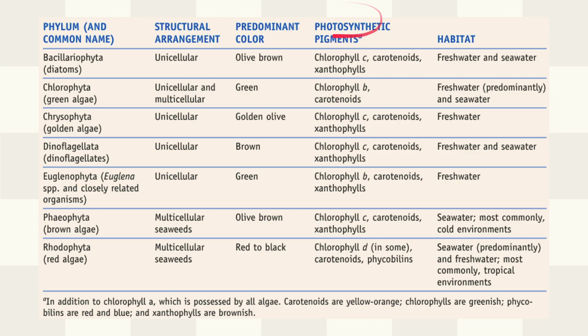Also, they are characterized by their photosynthetic pigments, the chlorophyll pigments, as well as their habitat. Some algae thrive in fresh water and seawater. Some are predominantly seawater only, like that.